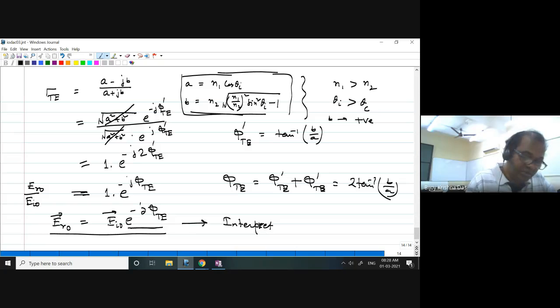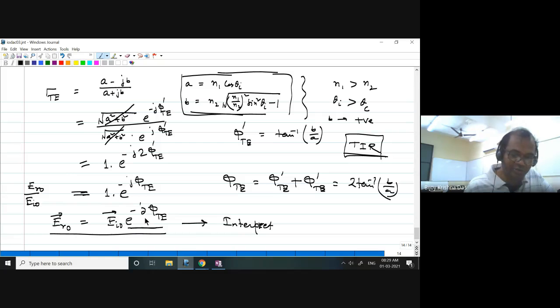So that means total reflection is taking place. Whatever is incident comes back as it is, but it is included with a phase. So when theta I is greater than theta c, total internal reflection is also happening, but the reflected wave is gaining some kind of phase. Is this clear to all? Rishabh? Yes, sir. Abhinav? Yes, sir.